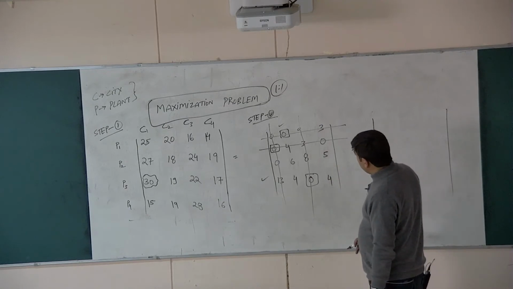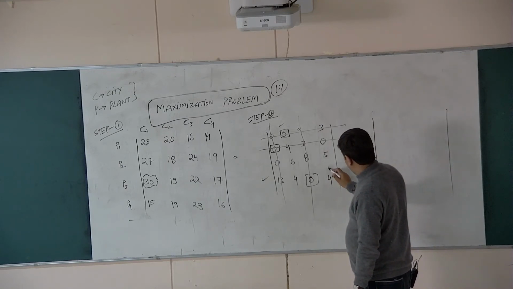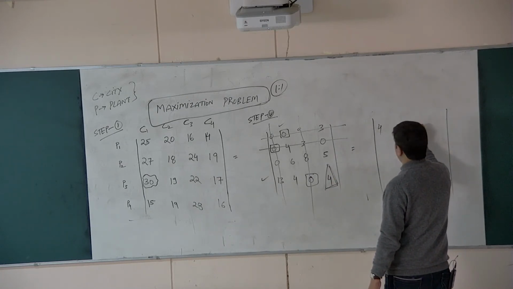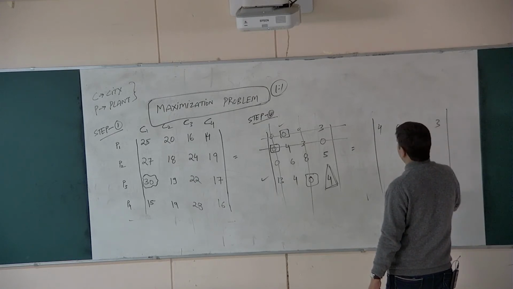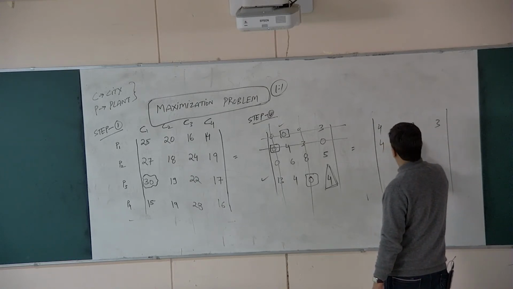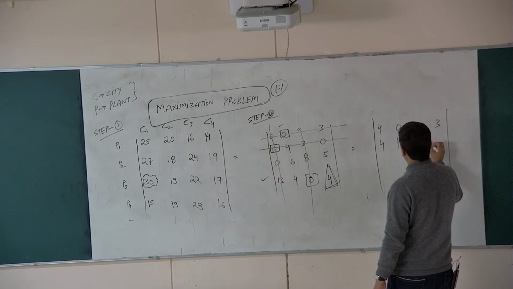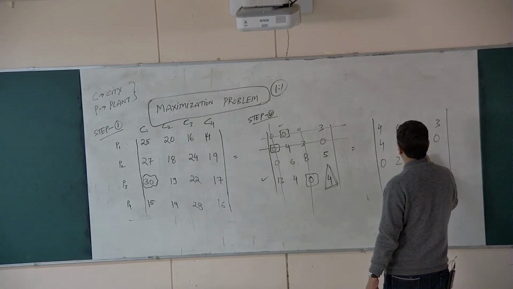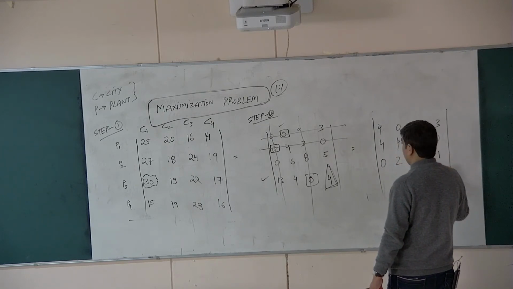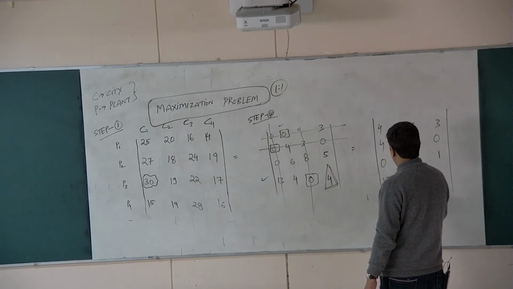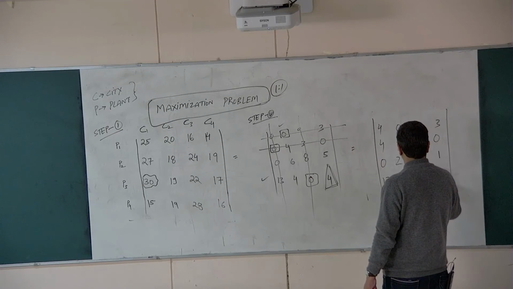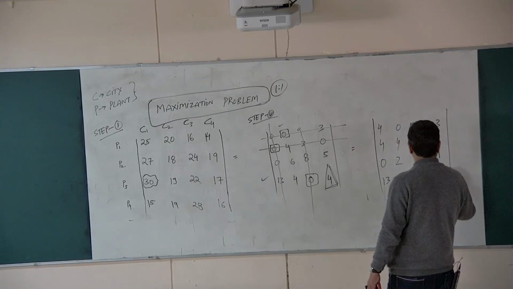So what is the minimum element value that has not been selected? 4. So I'll write here 4, 0, 13, 3, 4, 4, 7, 0, 0, 2, 8, 1, 13, 0, 13, 0, 0 and 0.